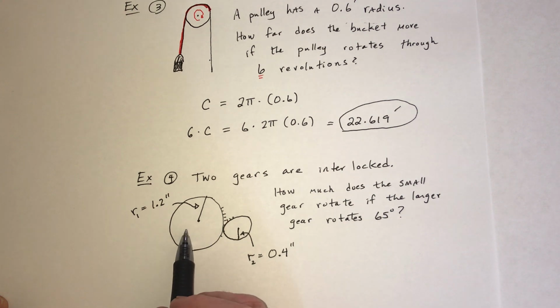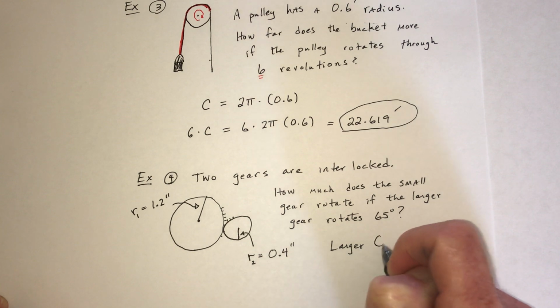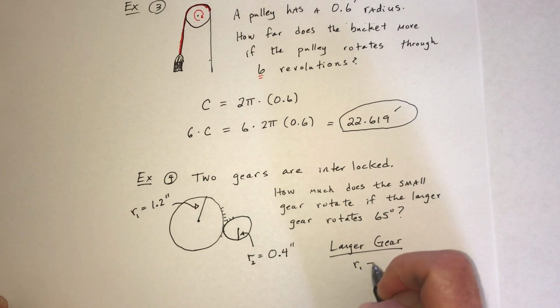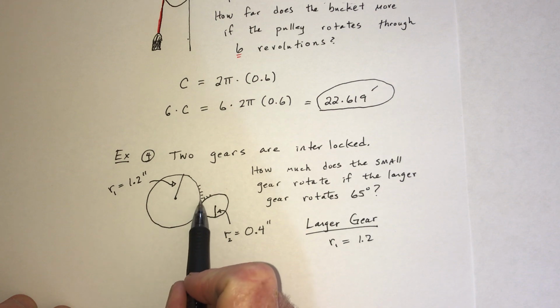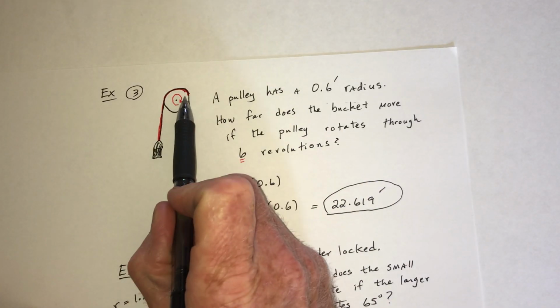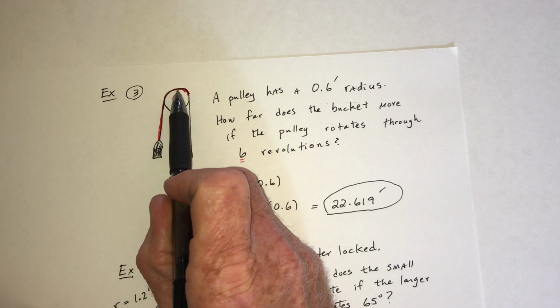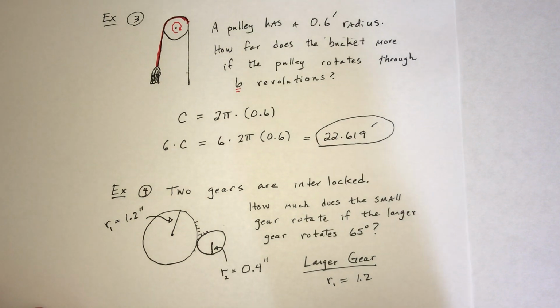Okay, so first of all, for the larger gear, we've got that the radius is equal to 1.2. And where they're touching, that's much like this rope over here. The rope is touching the pulley for a while, but while it's doing it, it's creating an arc length. Basically the same thing right here. Like if this was paint, then as it rotates, it's going to force this one to rotate and it can paint it, and we need to see how much gets painted.